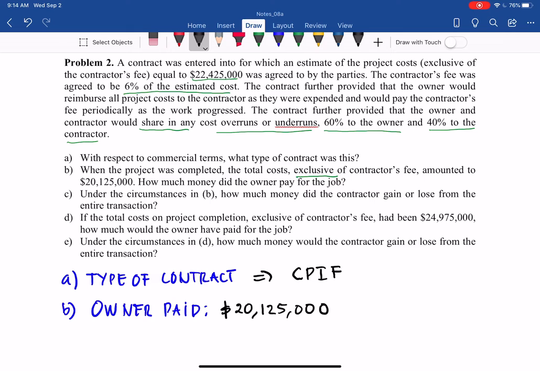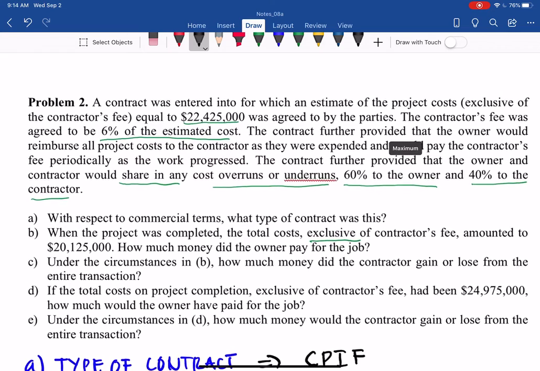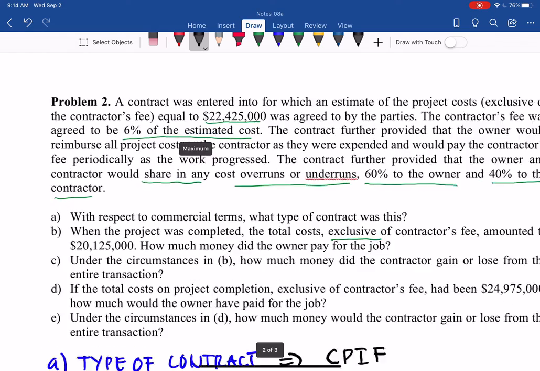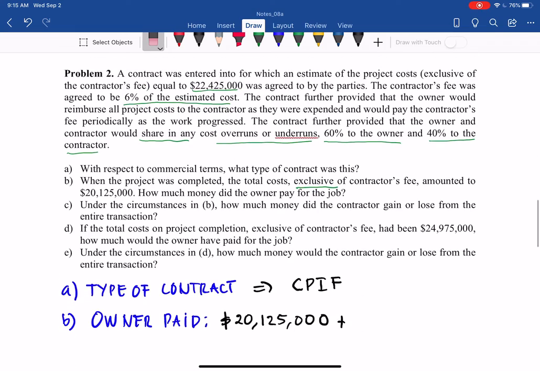And then you see the fee. The contractor fee was agreed to be 6% of estimated cost. So the owner has to pay 6% of the estimated cost of 22,425,000. And you can see that here: you see the cost, you see the fee.